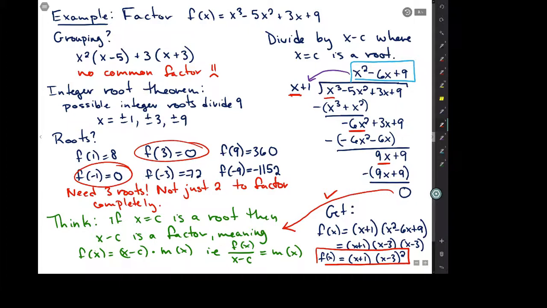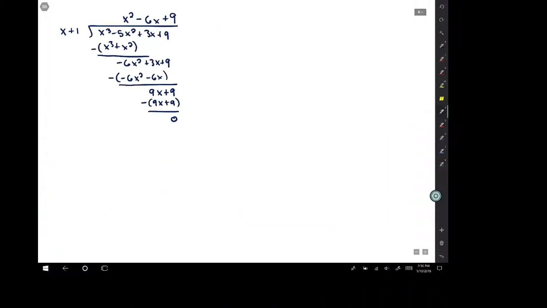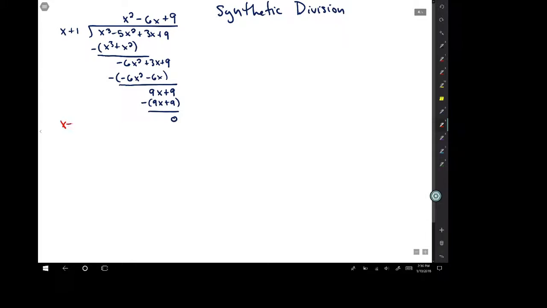So let's look at this process again using synthetic division. If we want to look at this using synthetic division, my x minus c over here, this is x plus 1, which is x minus negative 1.